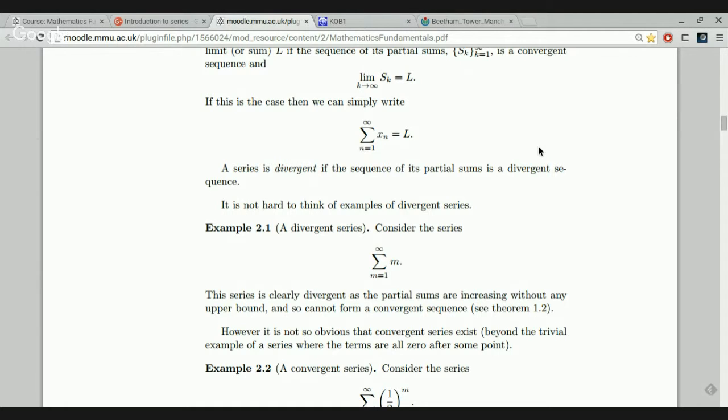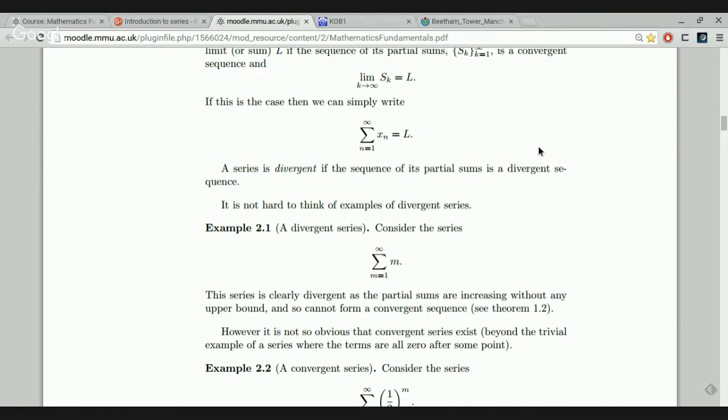Now, agree with me, please, that's a divergent series. What's happening to the partial sums? Well, S1 is equal to 1. S2 is 3. S3 is 6. S4 is 10, isn't it?